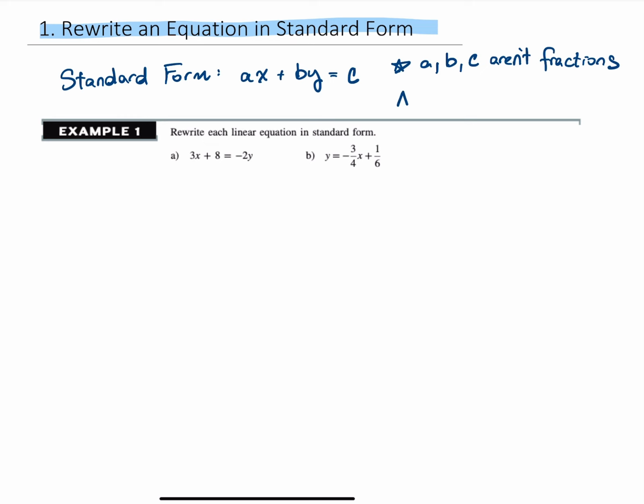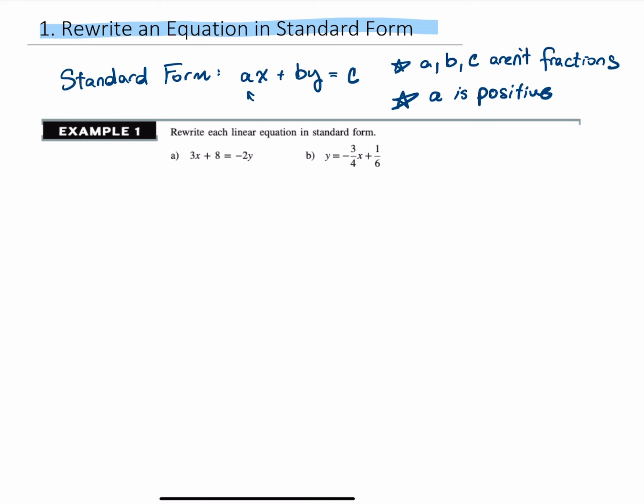And usually a is a positive number. So if this ends up being some fraction, you could multiply everything by the denominator, and that would clear out the fraction. Or if a was negative, you could multiply everything by a negative, and that would turn at least the first term into a positive value.